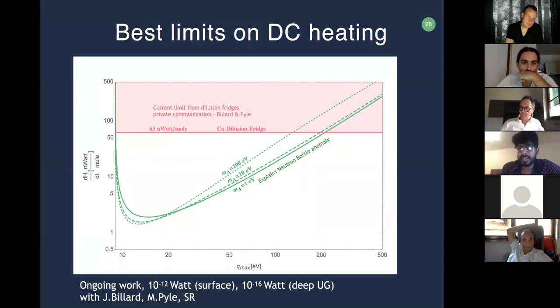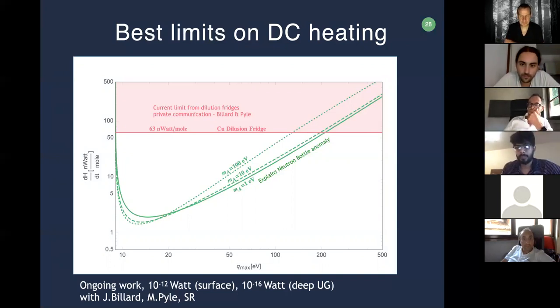So here I'm plotting in green contours for different mediator masses, for blobs that would explain the neutron bottle anomaly, what kind of heat they would cause in copper. And Q max, which is the x-axis, is set by the inverse size of the blobs. So above that inverse size, you do not have much coherence, as we talked about.